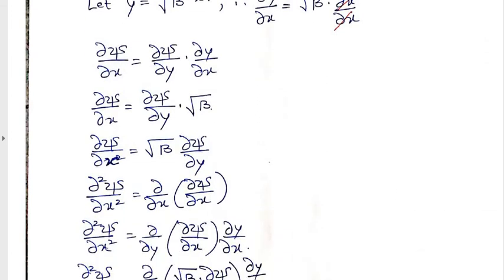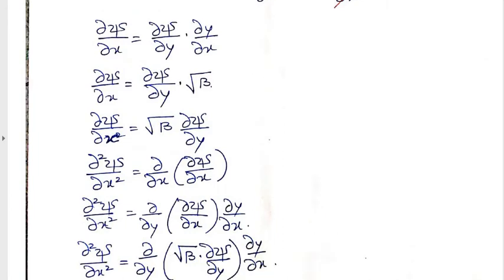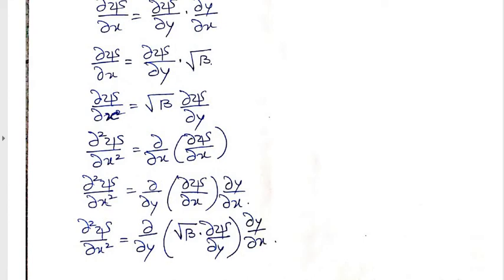Now we next consider del square psi by del x square, which is equal to del by del x of del psi by del x. So now from partial derivatives we can rearrange it. So it becomes del by del y of del psi by del x into del y by del x. This del psi by del x, we already know, is equal to root beta into del psi by del y. So del square psi by del x square is equal to del by del y of (root beta into del psi by del y) into del y by del x.